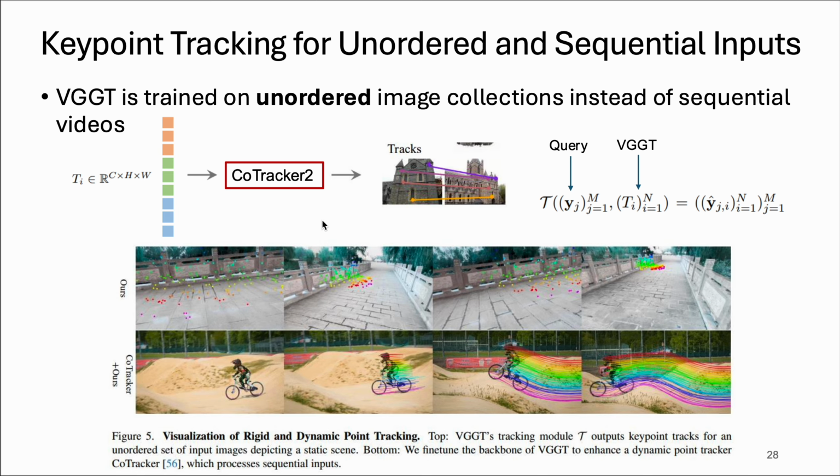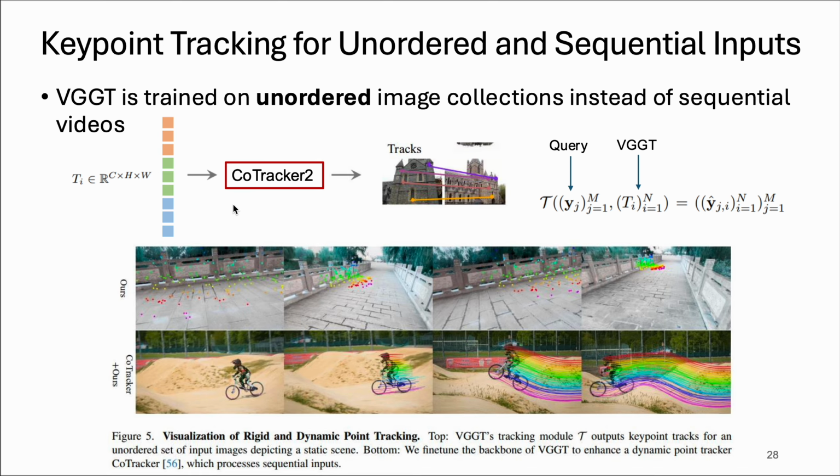In the VGGT paper, we can just treat CoTracker 2 as another transformer module. The output from the VGGT transformer is C by H by W image tokens.